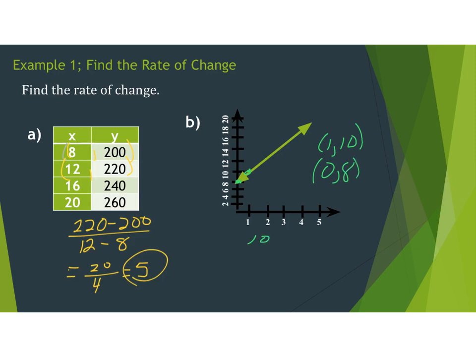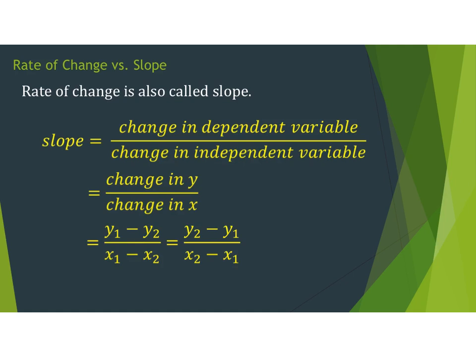So that would be 10 minus 8 over 1 minus 0, 2 over 1, so the rate of change is 2. The rate of change is also called the slope sometimes.